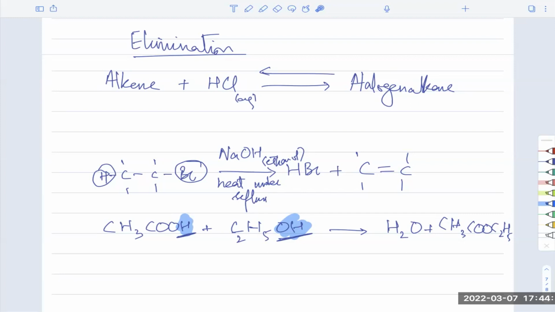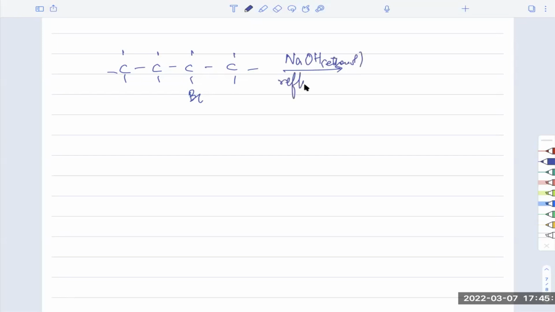So for example, let's do a couple of reactions. Examples कर लेते हैं. Okay, let's say I have this compound and I have bromine here, and we do the necessary thing, NaOH in ethanol and reflux and heat and all that. So what are the products that I could get?